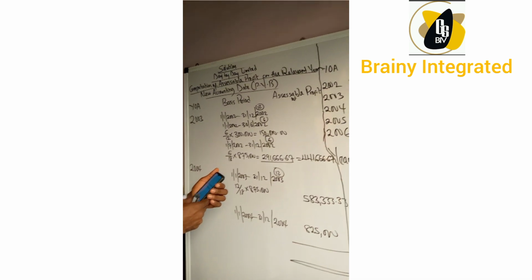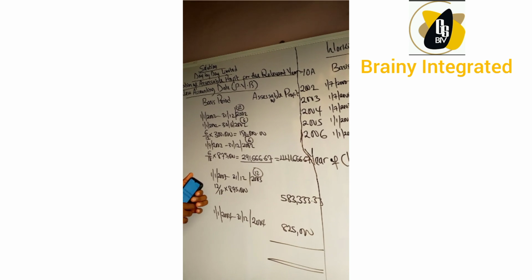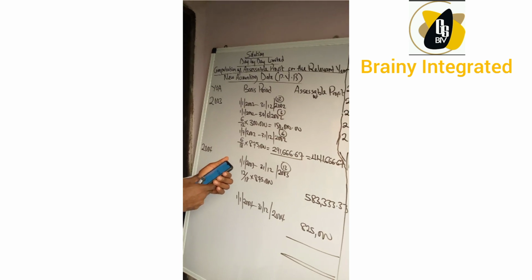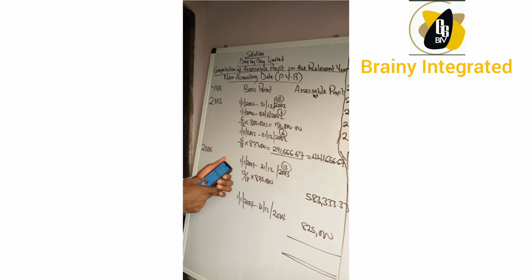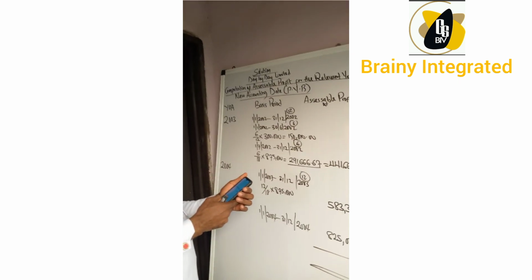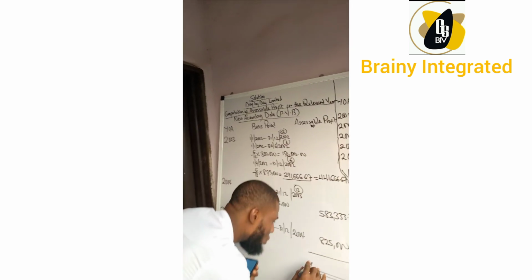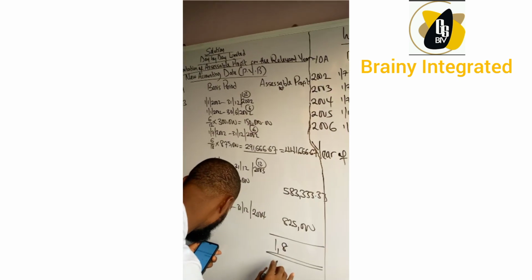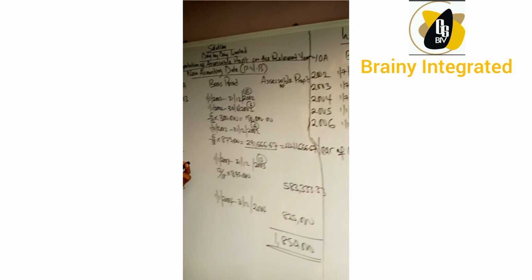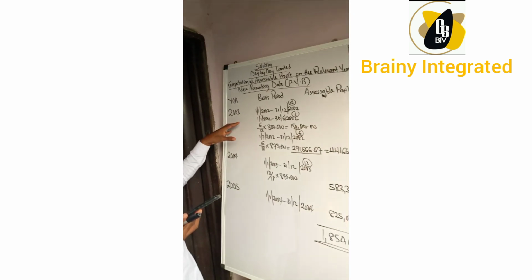Let me add it again: 441,666.67 plus 583,333.33 plus 825,000. That will give us 1,850,000. All right, so that is how to compute the assessable profits.